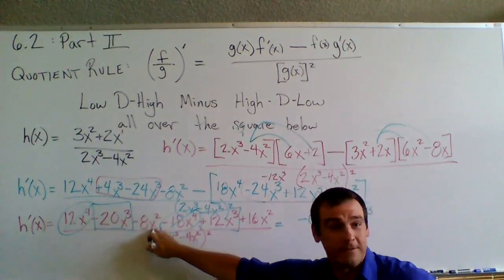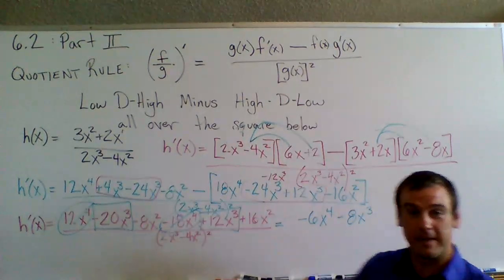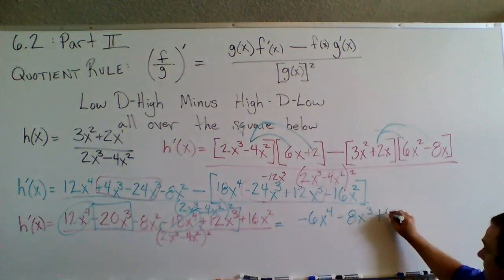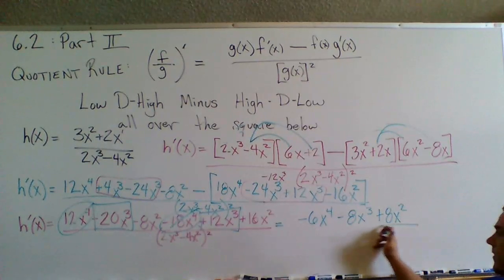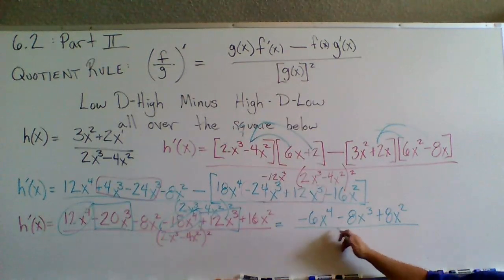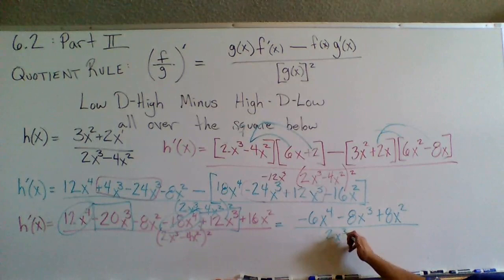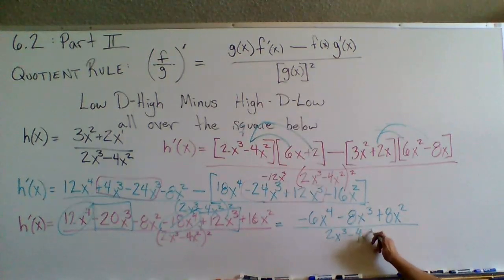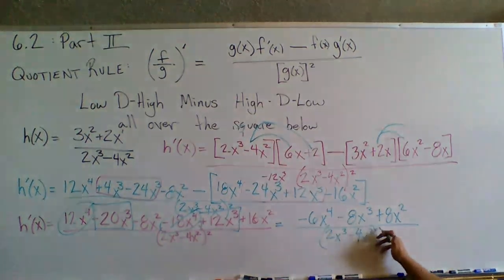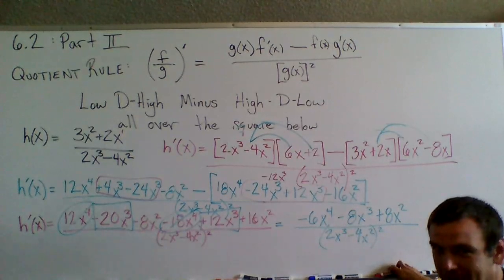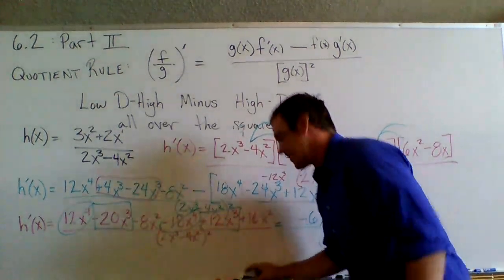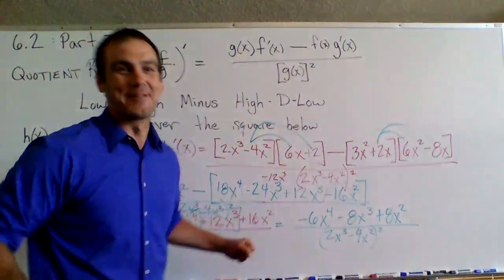We got negative 8, positive 16, makes a positive 8x squared, divided by 2x to the third minus 4x squared, all squared. Yeah. It does simplify more, but we're going to just call it good. Alright, that was fun.